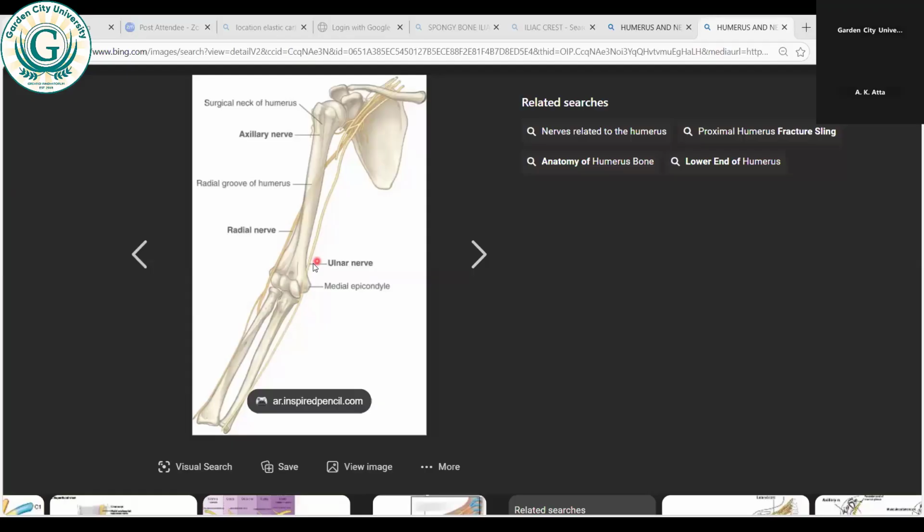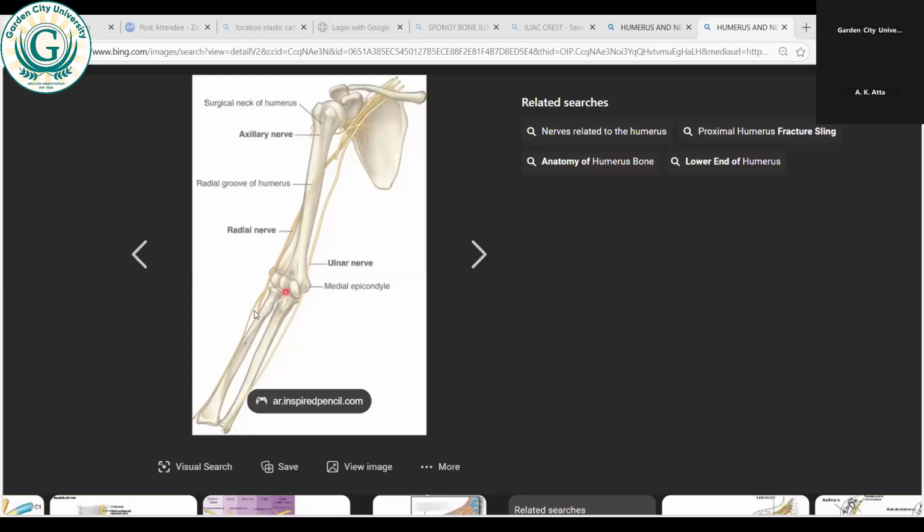Okay, so this is the ulnar nerve passing behind the medial epicondyle. So we can talk about supracondylar fracture. Definitely that one will affect the radial nerve. It also affects the ulnar nerve.